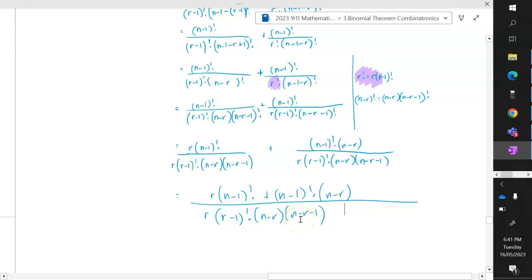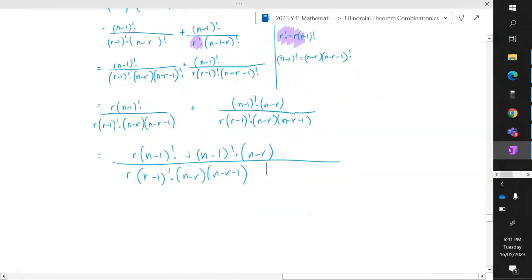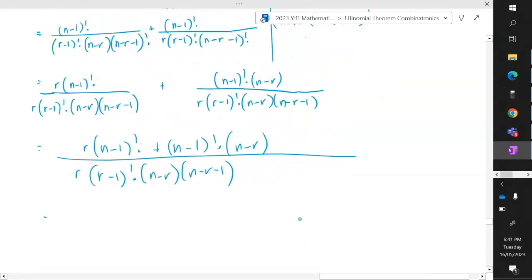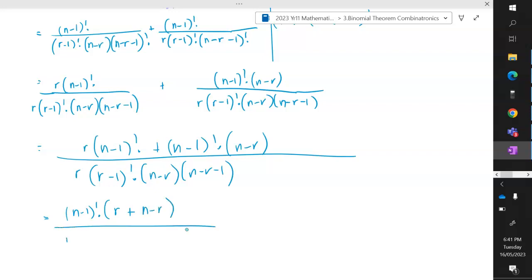Okay, now remember what our aim is. We need to go another step. I'm going to factorize out of the top line n minus 1 factorial. So let's write our top line as n minus 1 factorial times r plus n minus r. And our bottom line is the same as we had before.